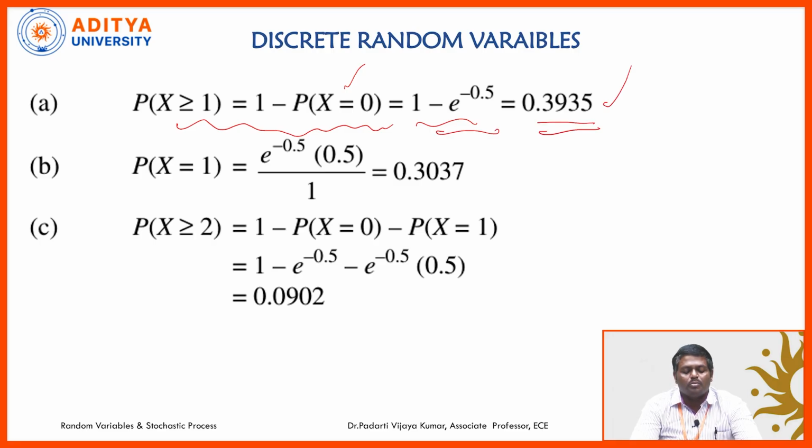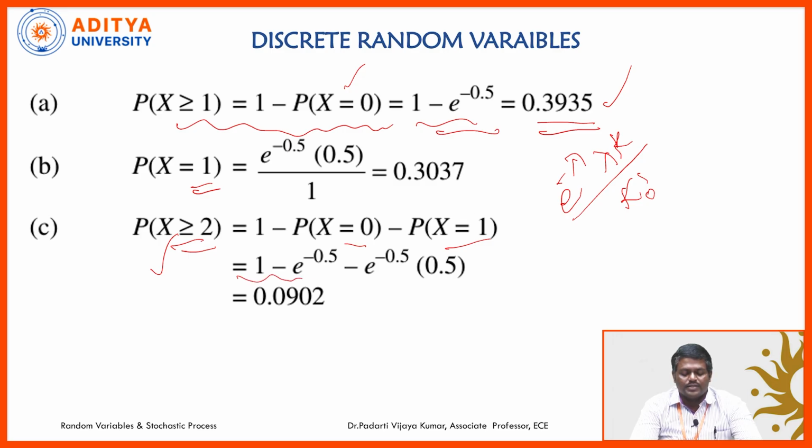The probability of getting exactly one prize, exactly one prize. So, e power minus lambda, lambda power k by k factorial. Next, at least twice. At least twice is the probability of x greater than or equal to 2, 1 minus probability of x is equal to 0, probability of x is equal to 1.